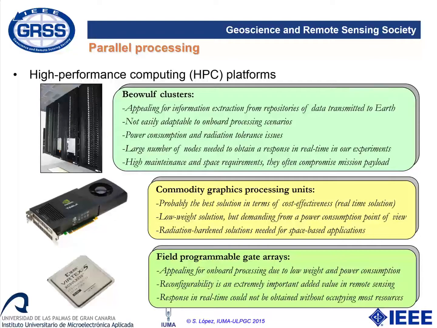And for the remote sensing case, I would say that we have three main options. The first option are clusters, which are very appealing for information extraction from images that are transmitted to the Earth, although they have different disadvantages.